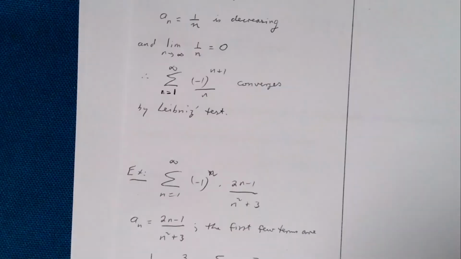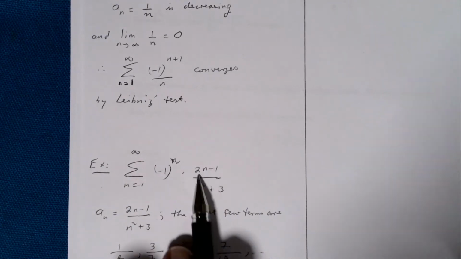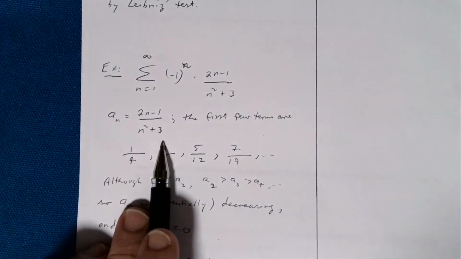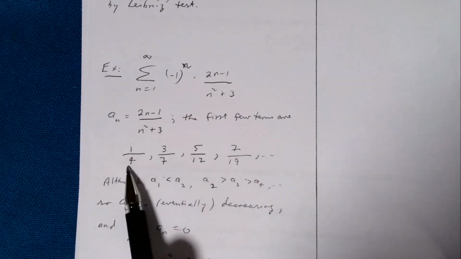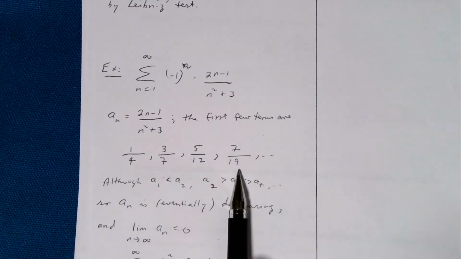Now, second example, we're going to look at this one here. This is minus 1 to the n, and this time it's 2n minus 1 on n squared plus 3. In this case, the a_n, the bit that's not alternating, is 2n minus 1 on n squared plus 3. I'm not going to be too fussy here with the decreasing business, but I just wrote out the first few terms of this, putting n as 1, 2, 3, 4, and so on.